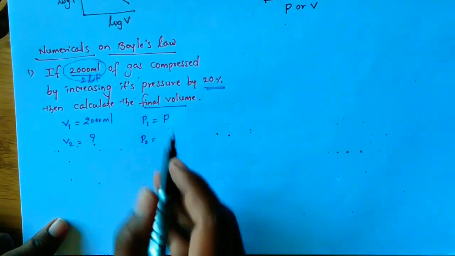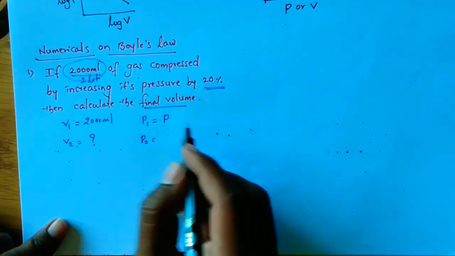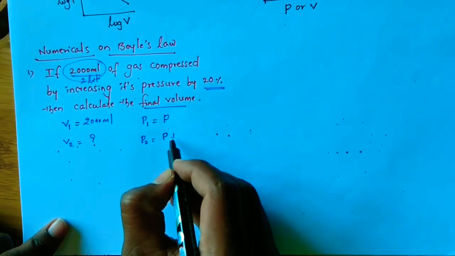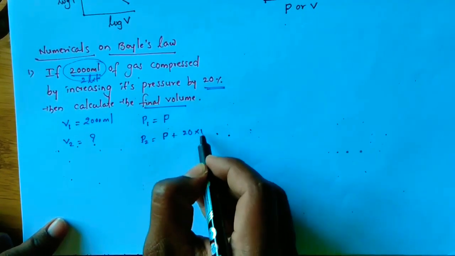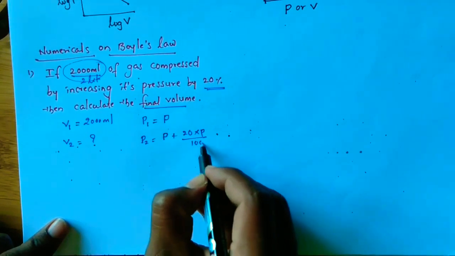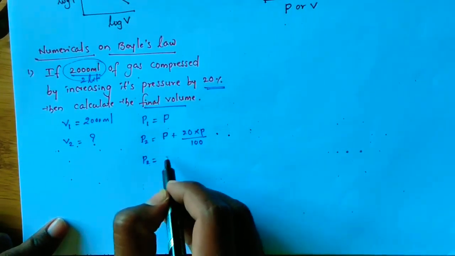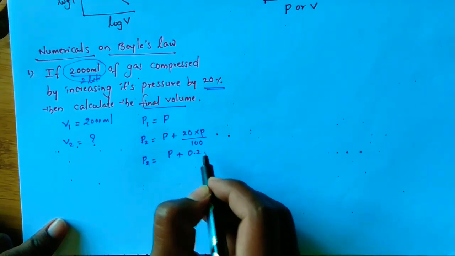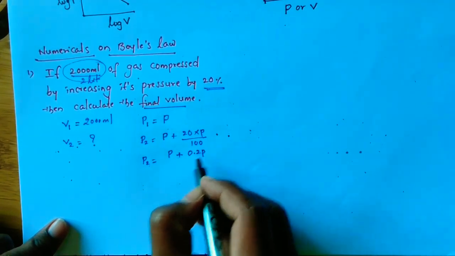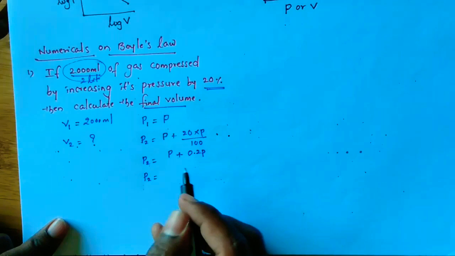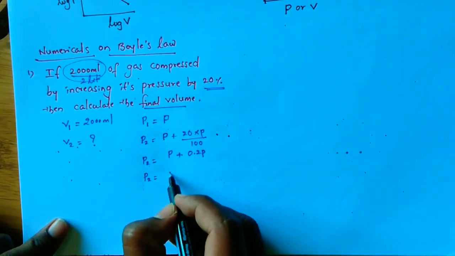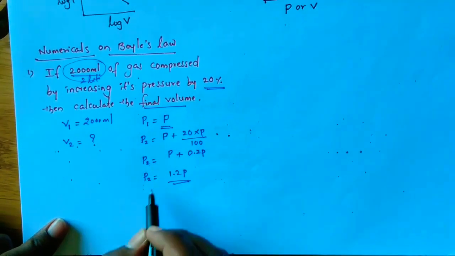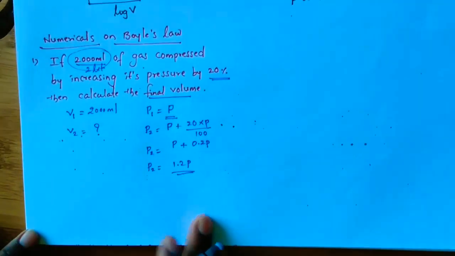Increased by 20% means 20% of its initial pressure P, that is 20 into P by 100. So P2 is P plus 0.2 P, the final pressure is 1.2 P. Initial pressure P and final pressure 1.2 P.